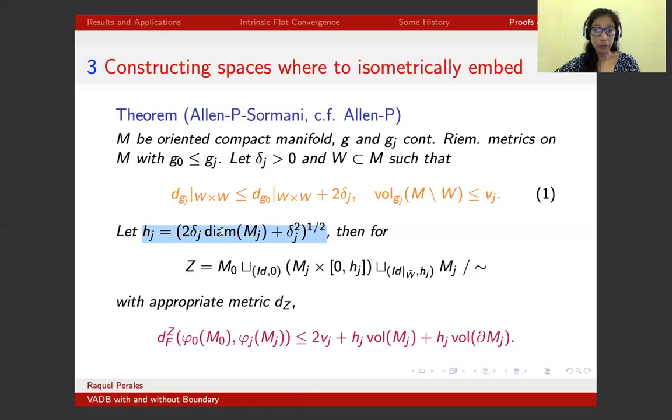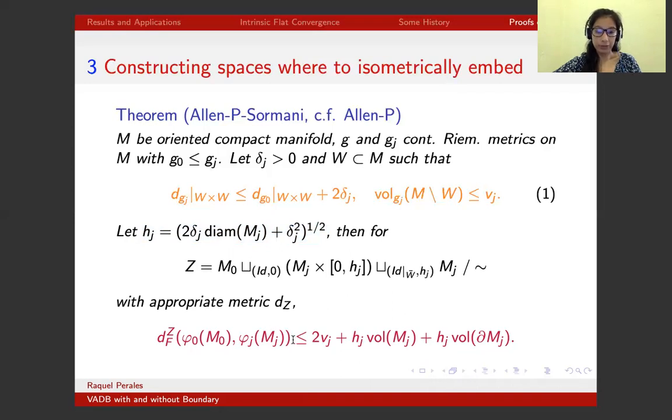Otherwise, if you have 2 points in the top, that means in Mj times Hj, they could have a smaller distance in this space set if you go to the bottom to M0 and then you go back to the top. But we are able to isometrically embed, so that's not a problem.